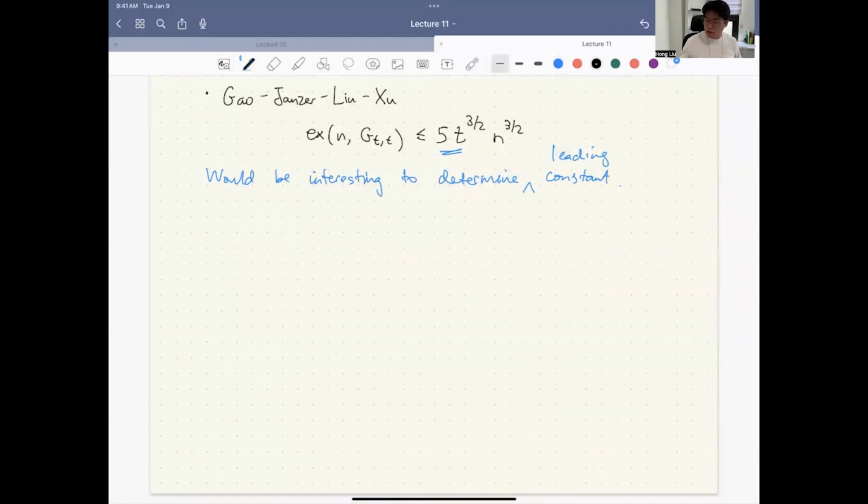To make things precise, let me introduce a definition of a rich collection of paths.